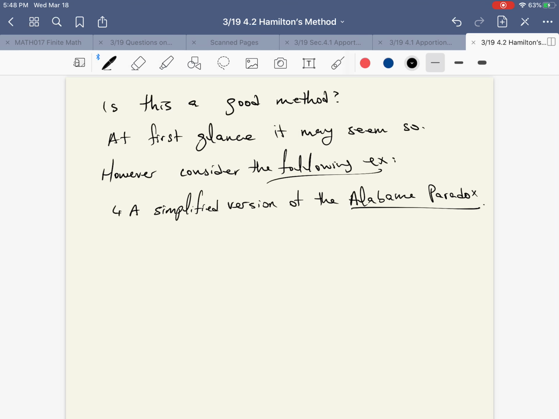Okay. So we have a country, and that country has 3 states, say. And we will call those states Bama, hint, hint, Alabama. I don't know what the other names they gave them were, kind of random. I think they said Tecos, and Illinois.